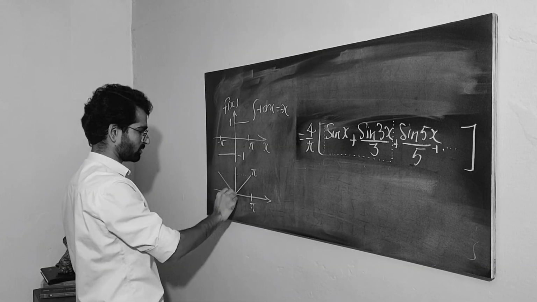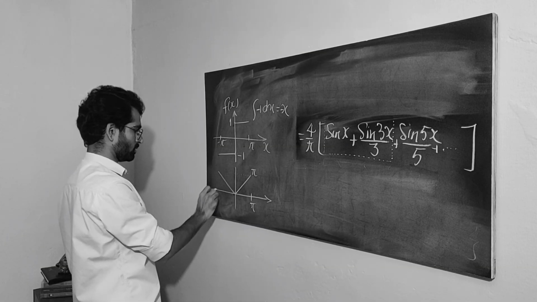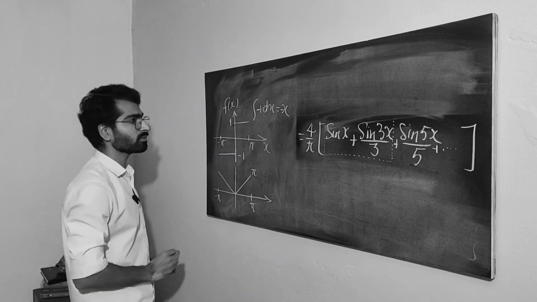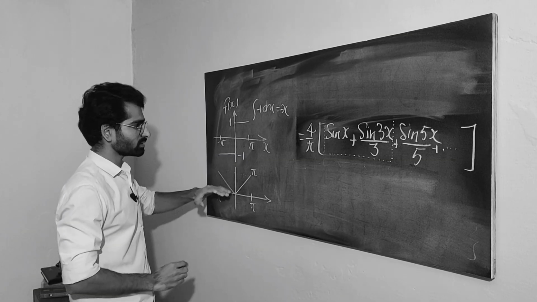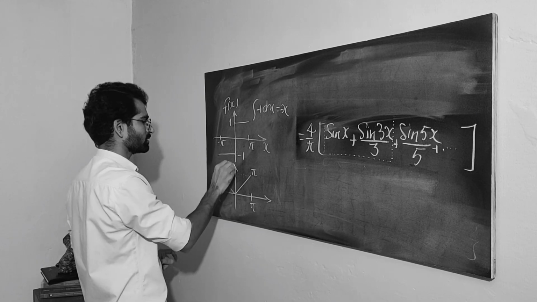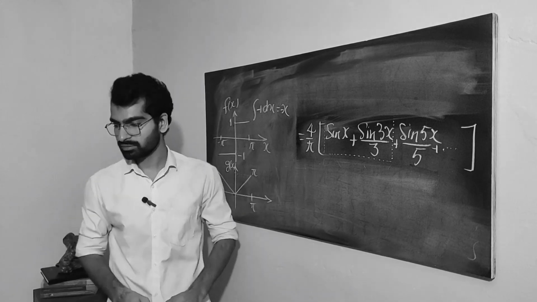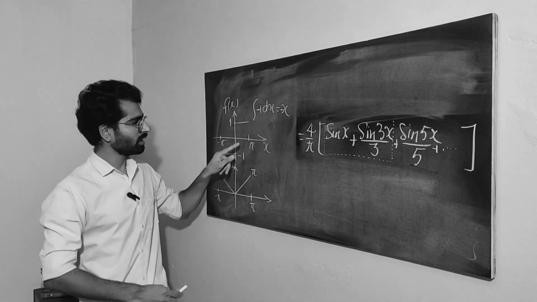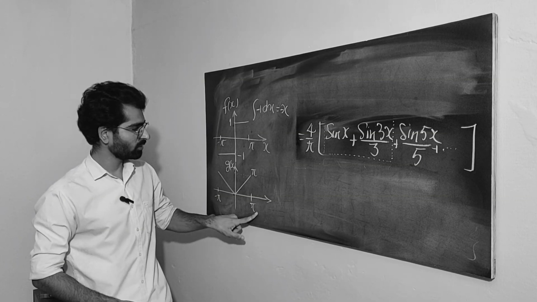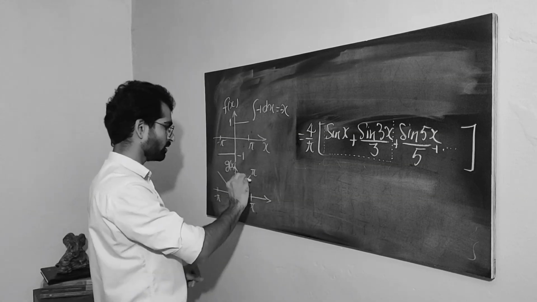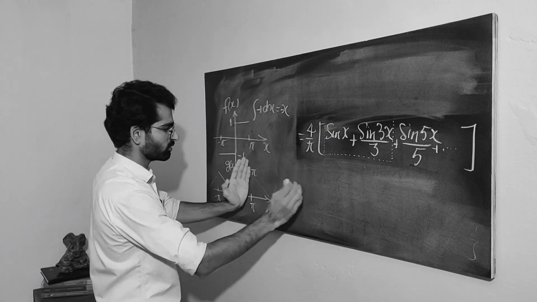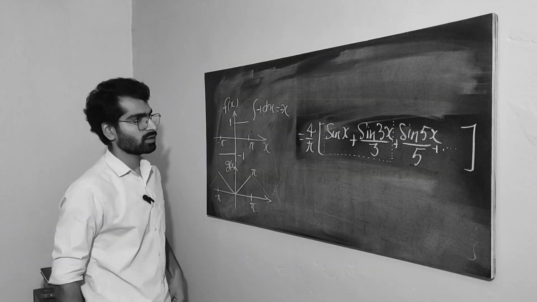So this is how it should look like. This is -π, and this height is again π. And so this is the integral of this function. Let me call it z of x, right? Since I have taken the integral of a square function and I have created maybe like a triangle function, because this is periodic, it's going to repeat like this.